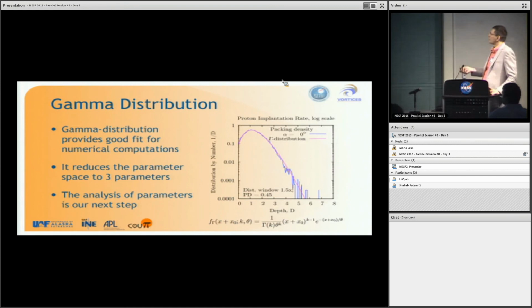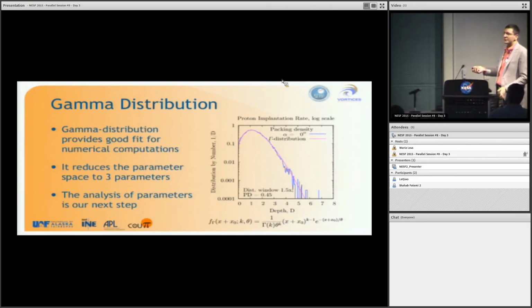And the last thing that we've done is we tried to analytically understand how protons should be distributed after they are deposited like this. If you think of the set of protons going through the regolith as a Poisson process, where there is always an equal probability for a proton to hit a grain, then it should be something like a gamma distribution.